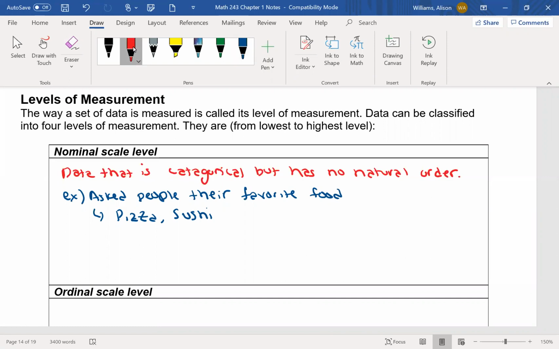Now, an important thing to mention: a nominal scale cannot be used in calculations because it's qualitative. Since we're talking about data that's categorical, or qualitative, because qualitative data is also categorical, we can't do calculations. It has no numbers. That makes sense.